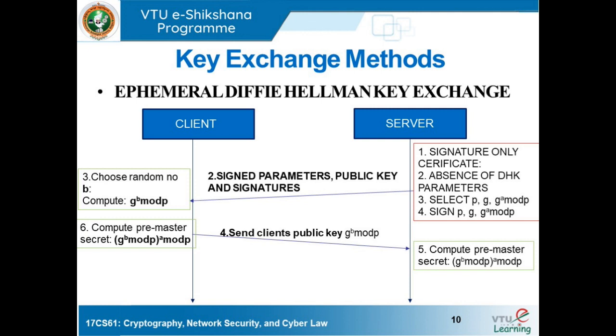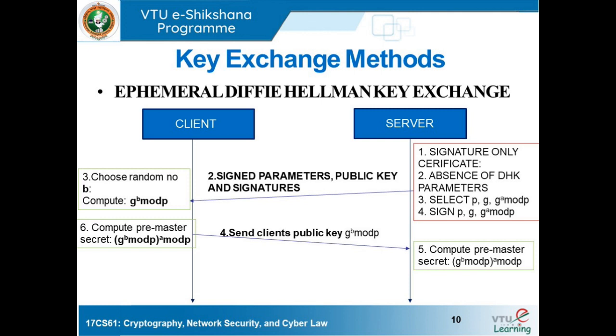Further to the discussion, we have seen what happens if this certificate sent by the server is signature only certificate. Now if it is a signature only certificate, then the server will generate a temporary public private key pair.